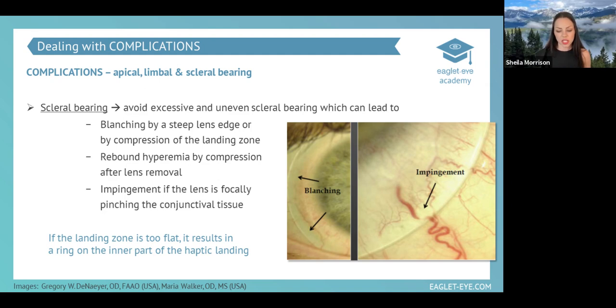In a lot of cases, we cannot avoid that altogether. But usually today, with the lens designs that we have available to us, we can minimize it just by matching the shape of the eye to the best fit lens in terms of the design, in terms of the edge itself, where we can avoid that really tight fit.